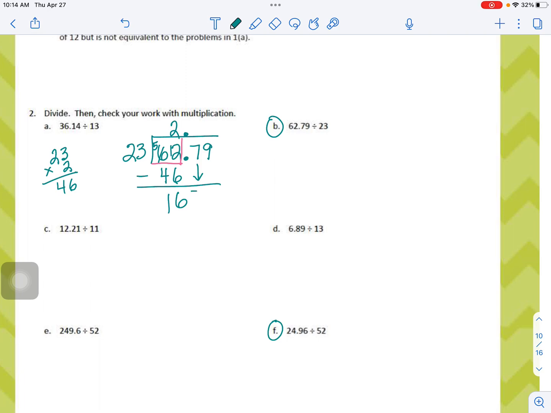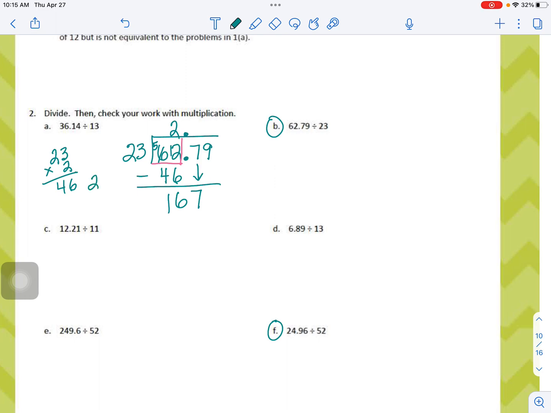So I can bring down my 7. Now this is what I do. I look at how many times does 2 go into 16? So 2 goes into 16 8 times. Should I try a 2? Or should I try an 8 or should I try a 7?